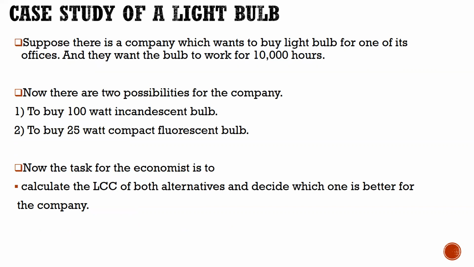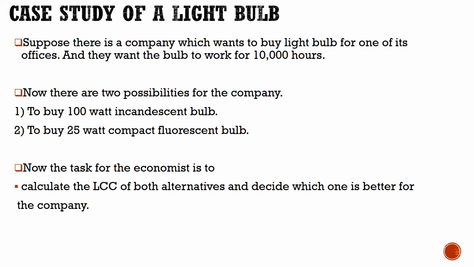We have a case study of a light bulb. Assume there is a company which wants to buy light bulbs for one of its offices, and they want the bulb to work for 10,000 hours. They have two alternatives. The first alternative is to buy a 100 watt incandescent bulb.